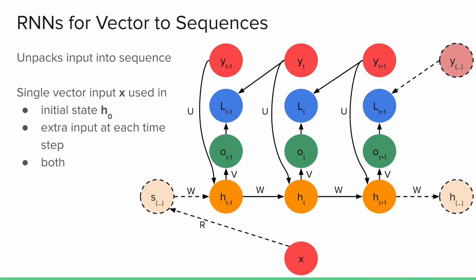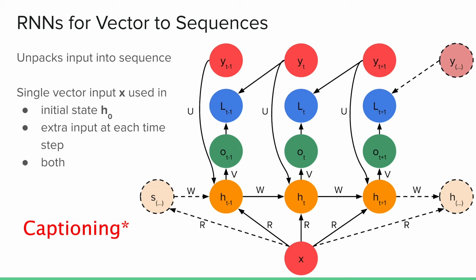We could also say, well, I don't want to only initialize my value at the beginning, I actually want to have that information at each time step, in our input sequence here. Or we can do both. And when you think about, for example, image captioning, where we want to place a short description underneath an image, it would totally make sense to get access to the image at each time step.